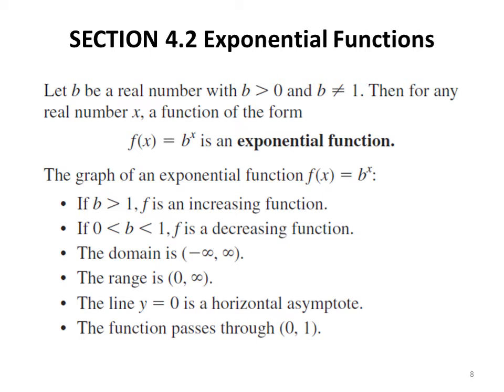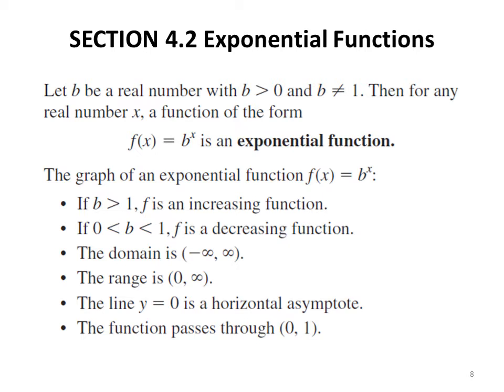The line y equals 0 will give us a horizontal asymptote, which means that the function will get closer and closer to 0. In the case where b is greater than 1, and you have an increasing function, the function will approach 0 if the power approaches minus infinity.